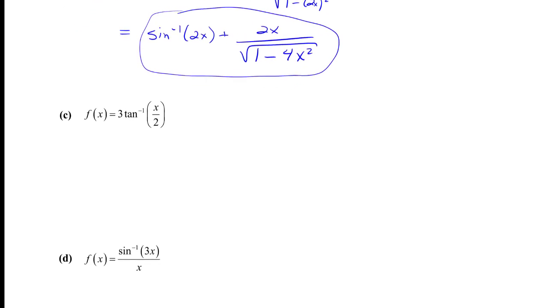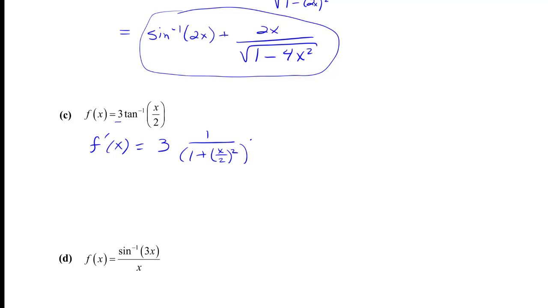All right. How about the derivative of 3 inverse tan x over 2? All right, so we have a multiplicative 3, so that just stays there. Derivative of inverse tan x over 2. Well, inverse tan is 1 over 1 plus x squared, so it's 1 over 1 plus x over 2 squared times the derivative of x over 2.